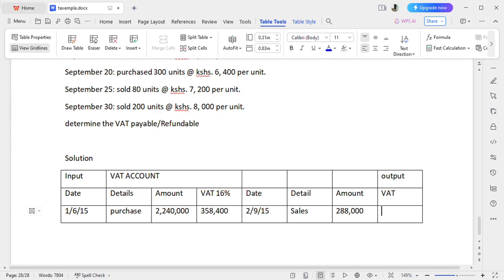The VAT is 16%, so times 0.16, the tax here is 460,800.